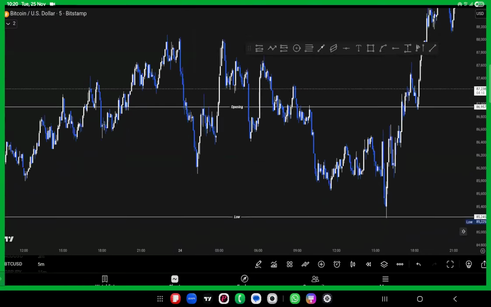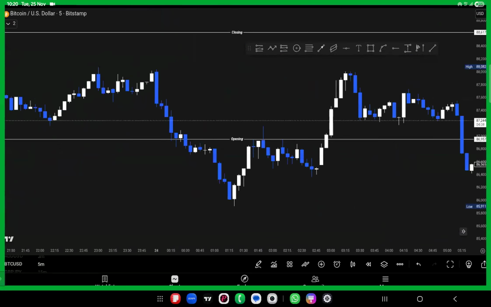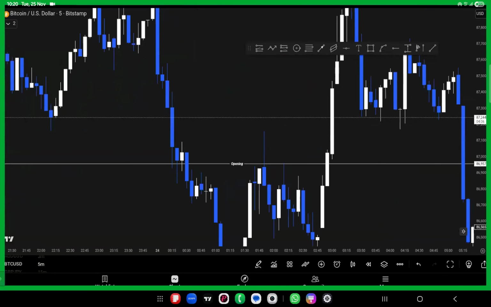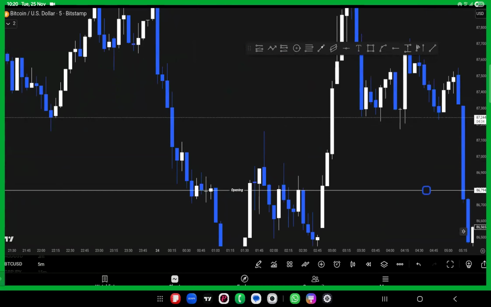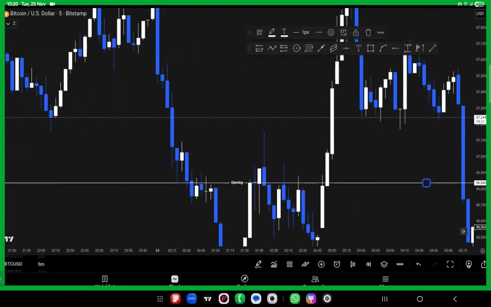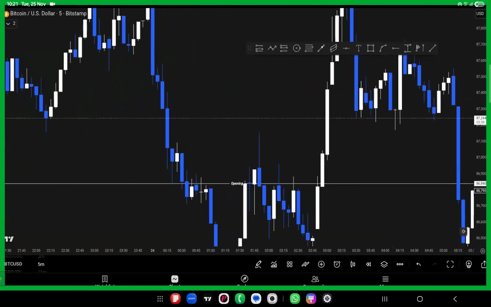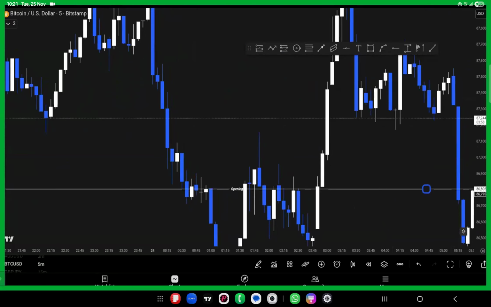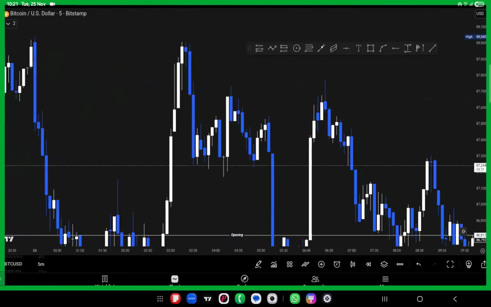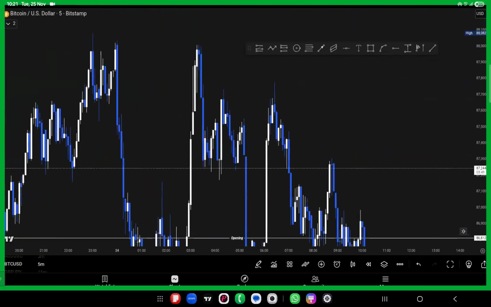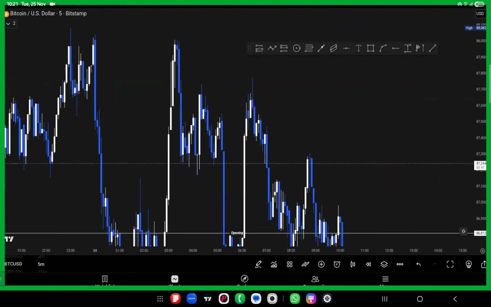All right, 1 o'clock is a bearish candle. Then for the closing, there will be 59, that should be 12.